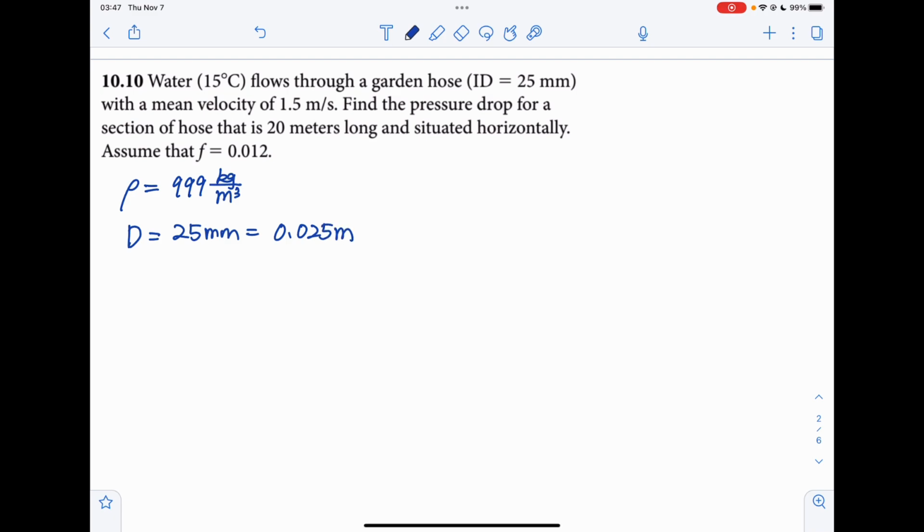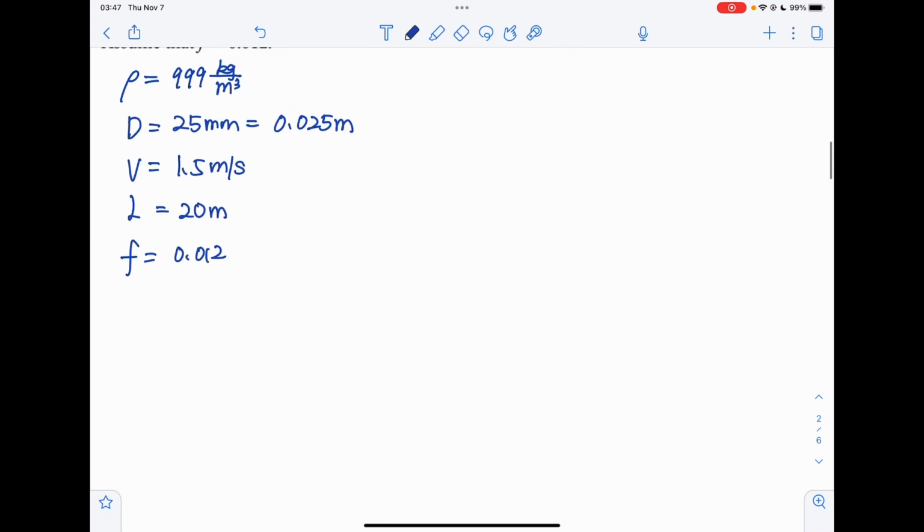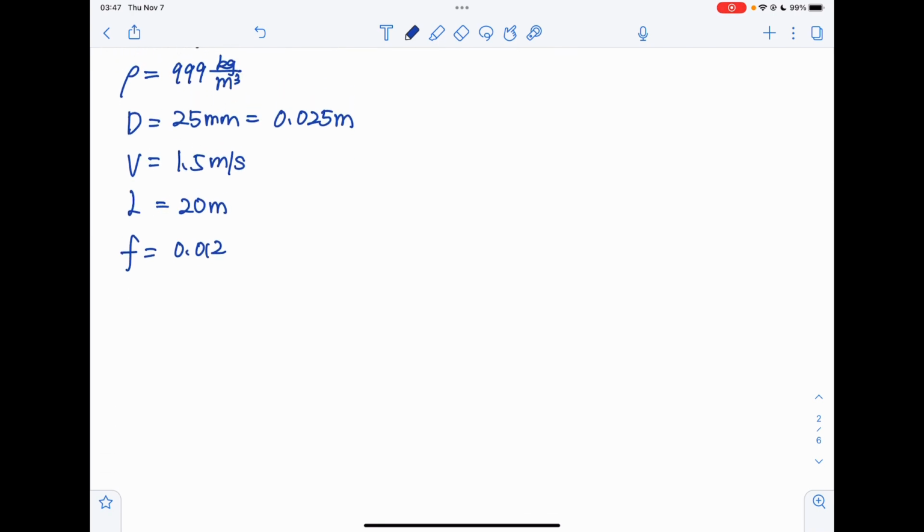The velocity is 1.5 meters per second, the length of the pipe is 20 meters, and the friction factor is 0.012. With this information, the first thing we're going to do is find the friction loss between the two ends of the pipe.